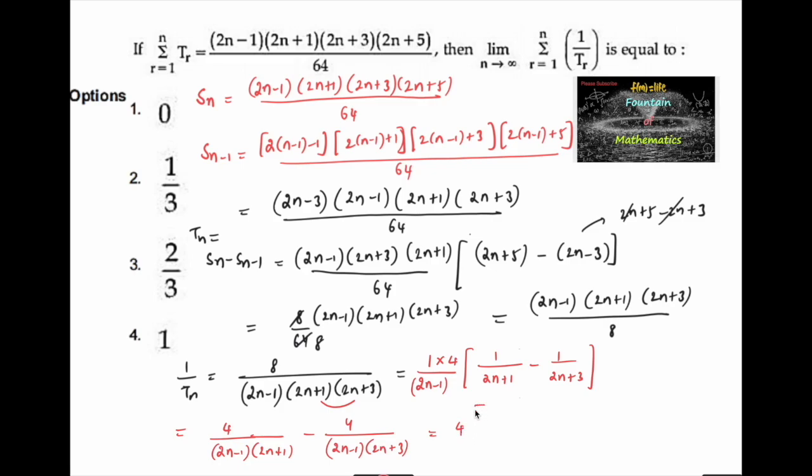That is 4 taken common. Here the difference between 2n minus 1 and 2n plus 1 is 2. So I can take only 2 common. So if 2 is taken common, so you can write 1 upon 2n minus 1 minus 1 upon 2n plus 1.